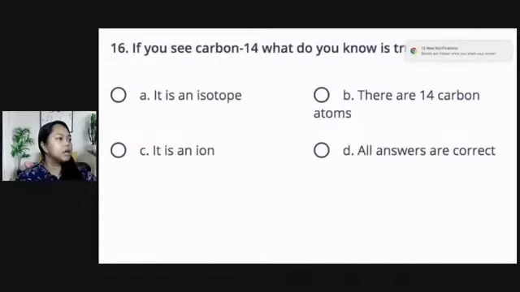Okay, 16, there's A, there's D. Ano kaya yung tamang choice for number 16?